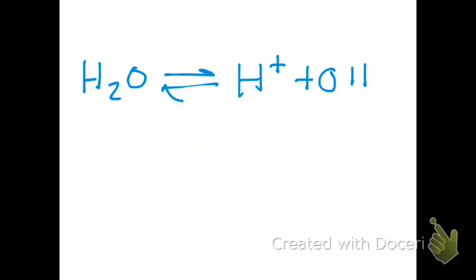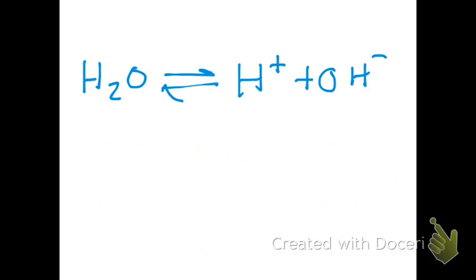Water itself breaks down to form H plus ions and OH minus ions.